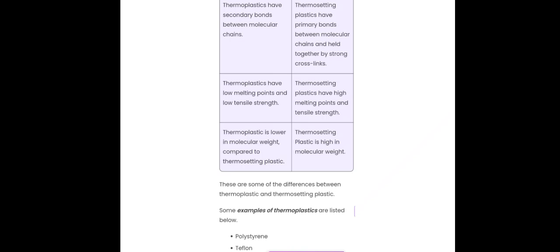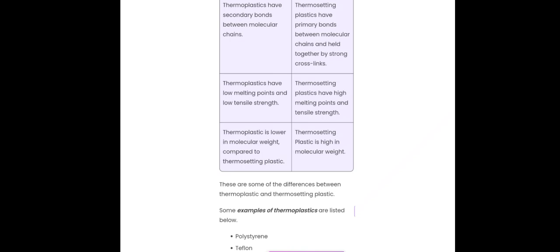Coming to the examples of thermoplastics and thermosetting plastics, thermoplastics are given examples like polyethylene, polyvinyl chloride, and polystyrene. Even Teflon is taken as an example of thermoplastics.